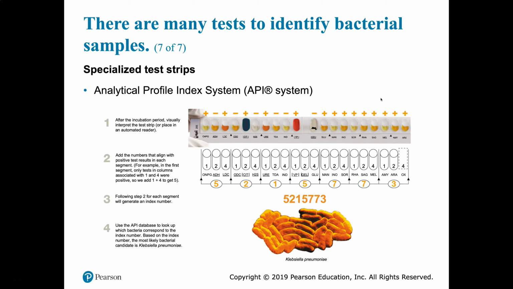All right. So the best way to test is using one of these API systems, an enterotube, and/or using antibody testing, or what we call molecular testing. So ELISA, for instance, is a really good one.